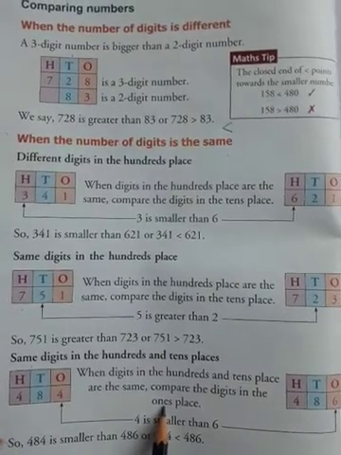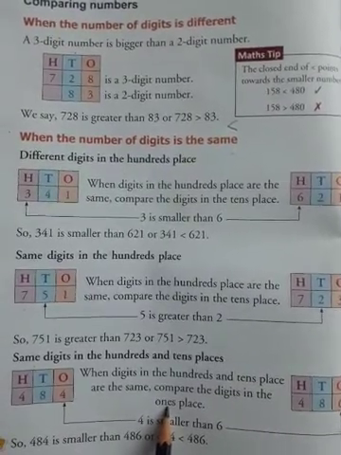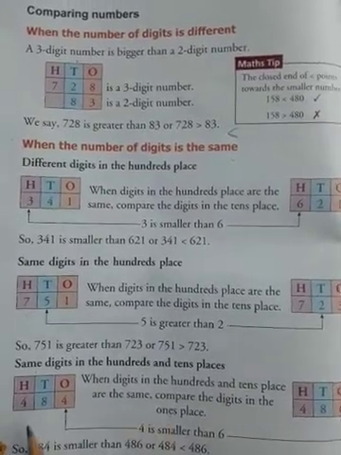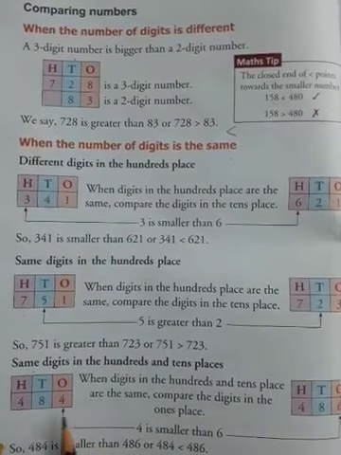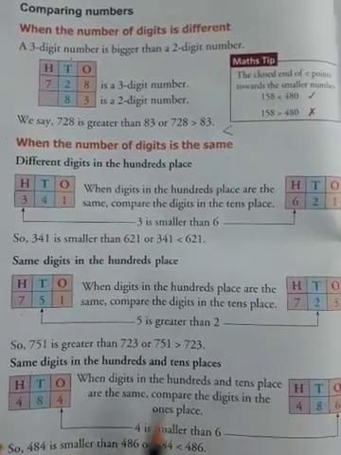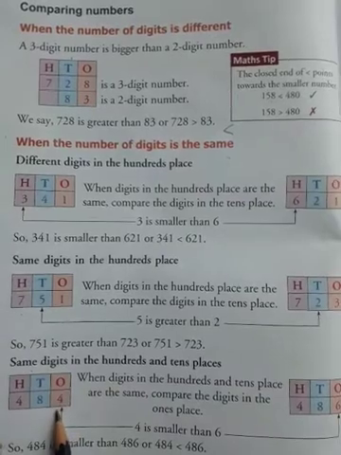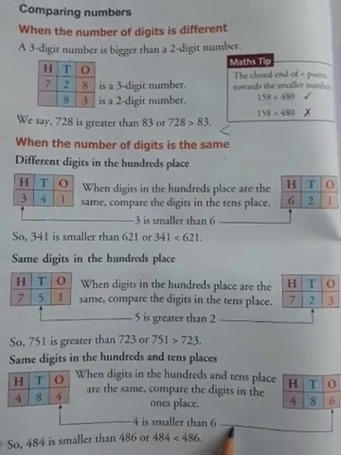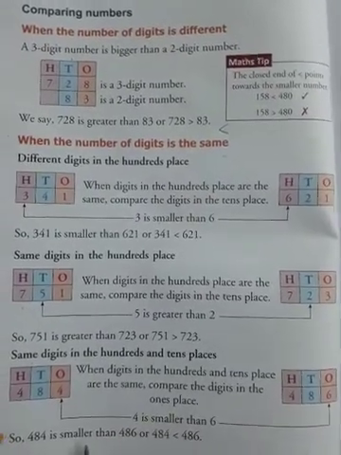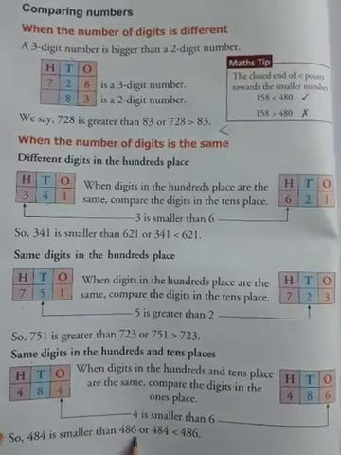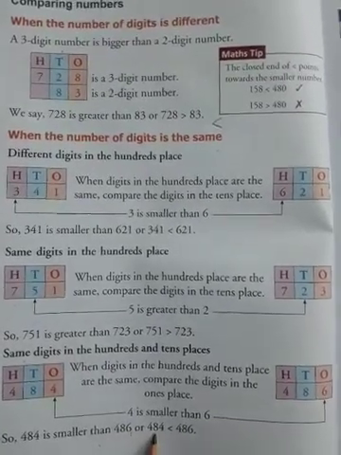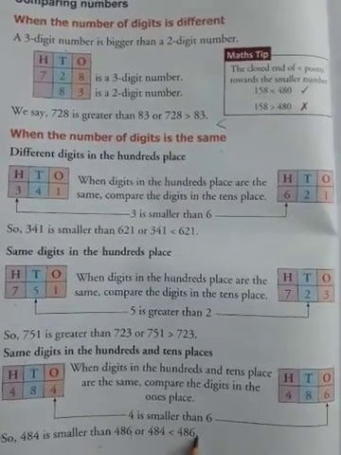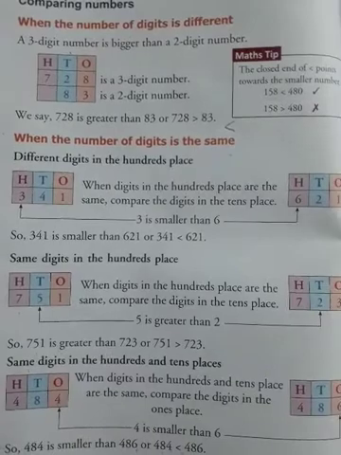So you compare the ones place. 400 and 400, 8 tens, and here is also 8 tens. So now you compare the ones place. Here is 4 and here is 6. 4 is smaller than 6. So 484 is smaller than 486. And how do we write it? We write like this: 484 is less than 486. Is it clear to all of you?